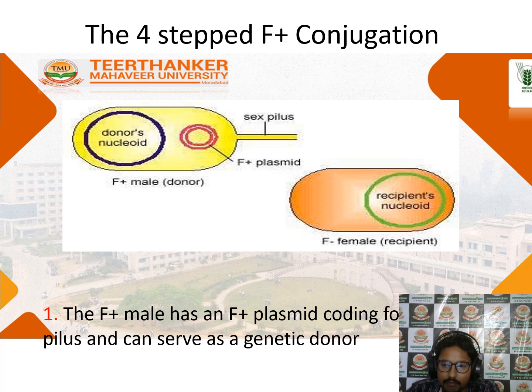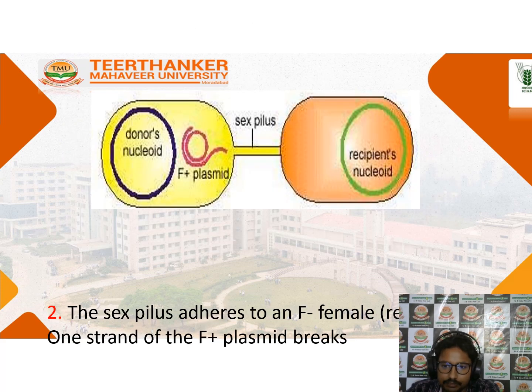Generally, the F plus donor undergoes the conjugation process and attaches to the F minus cell. Here you can see the sex pilus adheres to the F minus female cell.